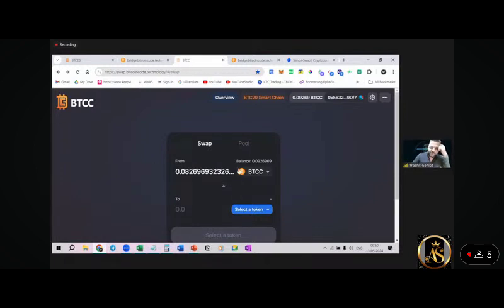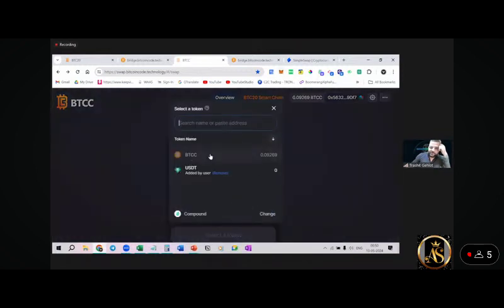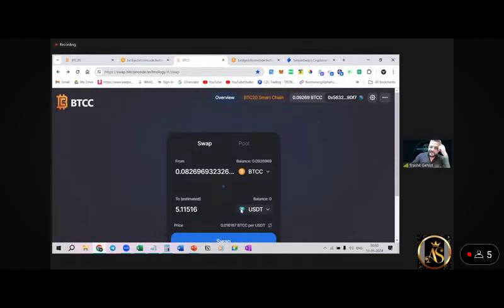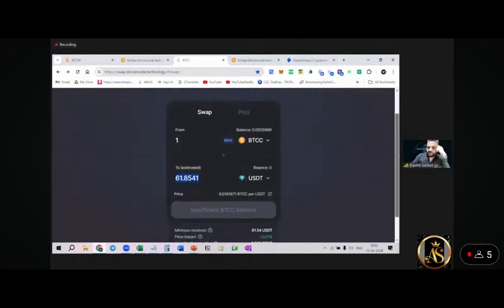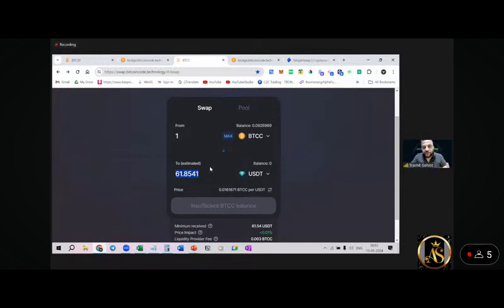As you can see over here, I have BTCC in my wallet and I am swapping it to USDT, right? If I had one BTCC, as per the current rate, this is going to give me almost 61.85 USDT. So in a way, I am selling. Actually, it's not selling, it is not trading, it is basically swapping of assets.